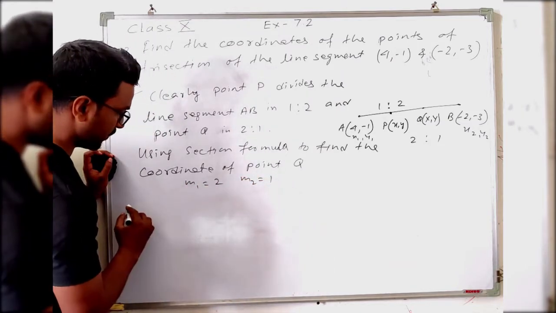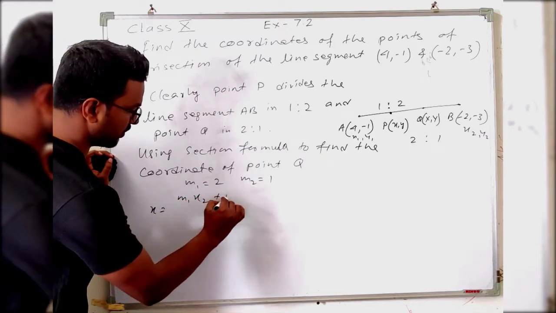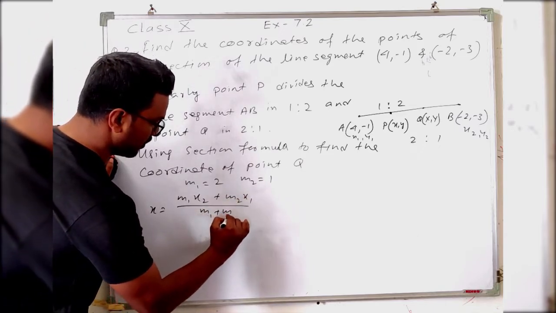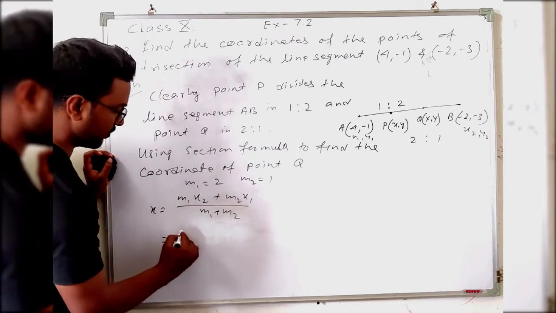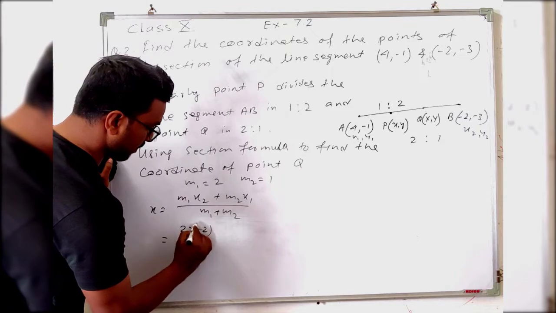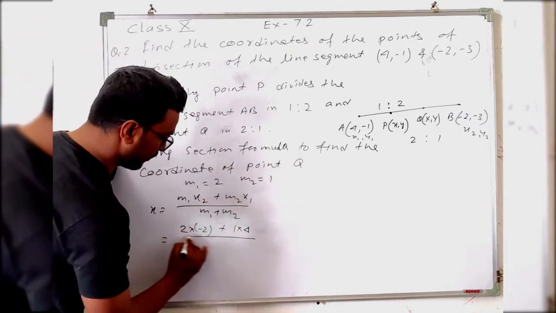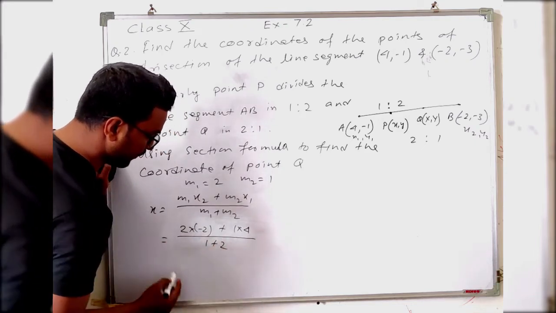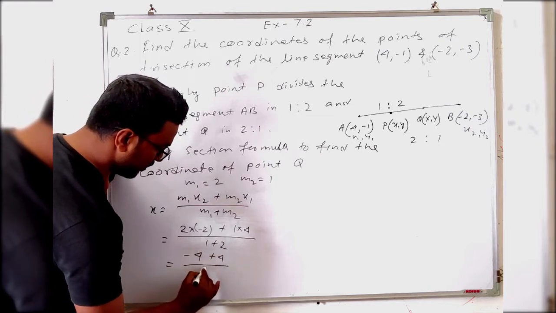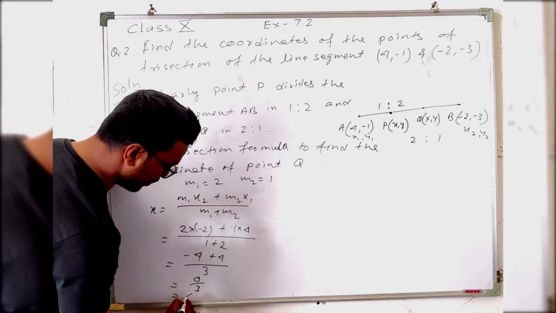Okay, so to find the value of x, we'll be using m1 x2 plus m2 x1 divided by m1 plus m2. m1 is 2, x2 is minus 2 plus this will be 1 and x1 is 4 divided by 1 plus 2. This will be minus 4 plus 4 divided by 3. So 0 divided by 3, that will be 0.